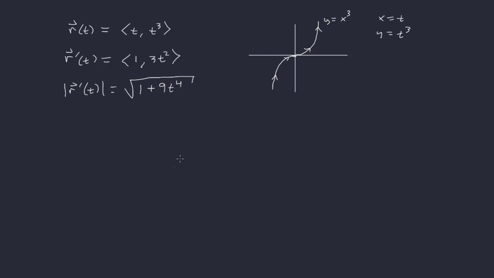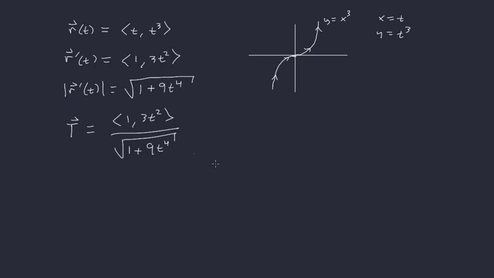All right, and so hopefully already you can see how disgusting this is going to be, because capital T is going to be 1 comma 3t squared all over the square root of 1 plus 9t to the 4th. Okay?